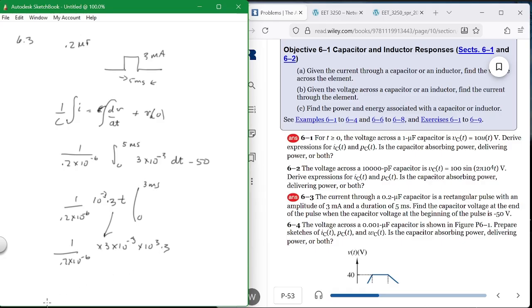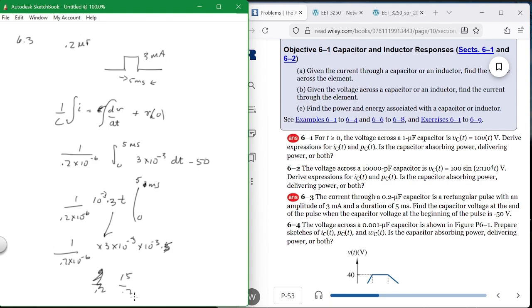What would that be? There's a minus 3 and a minus 3 and a 3 and a 3, divided by 0.2. What's 9 divided by 0.2? Wait a minute, maybe I've got it wrong. Oh, it's 5. I'm sorry, this is 5. I wondered what the heck was going on. This is 5 milliseconds, so it's 5 times 3. So it would be 15.